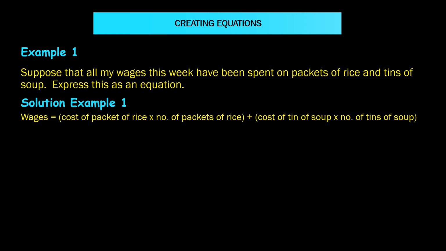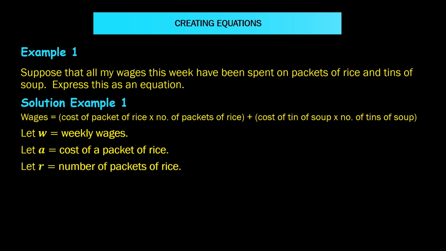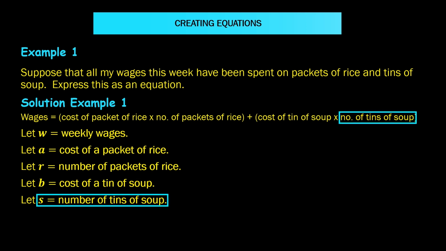We can express this more concisely by replacing the words with symbols or letters. So if we let W equal weekly wages, and we let A equal the cost of a packet of rice, and R equal the number of packets of rice I've bought, and B equal the cost of a tin of soup, and finally S equal the number of tins of soup.